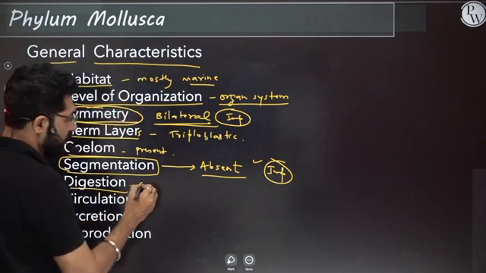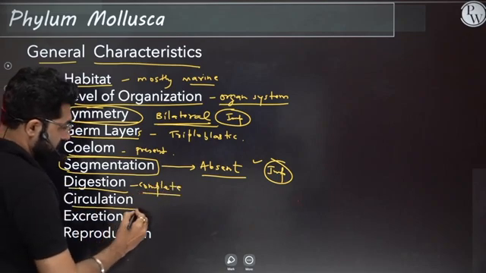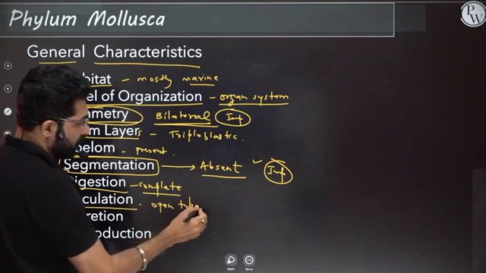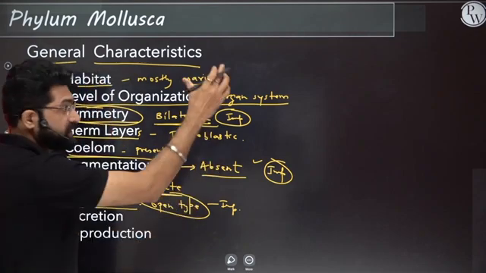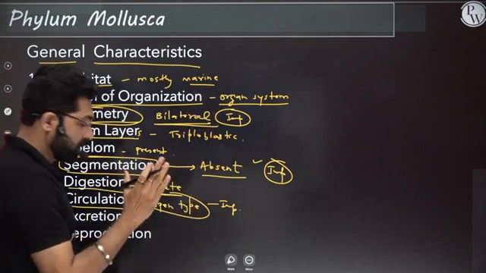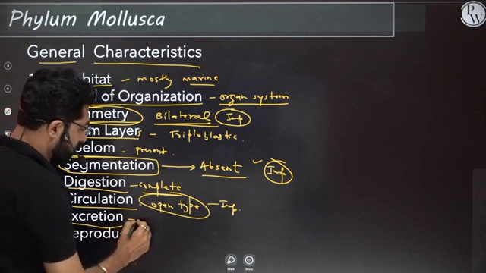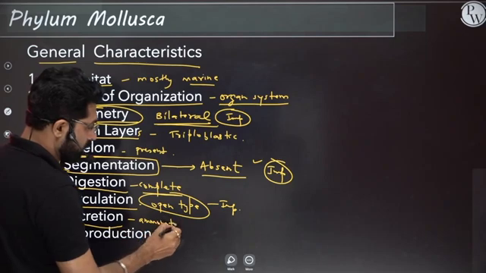Digestion, complete. They have the mouth and anus. Circulation is open type. Please write down again, important here. They ask these few questions. So please remember those. Excretion, they are usually ammonotelic.